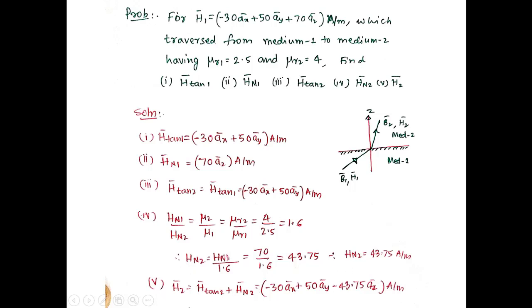Therefore, H2 in the second medium is given by H tan 2 plus Hn2, which is equal to minus 30 ax bar plus 50 ay bar, and this normal component is 43.75 az bar.